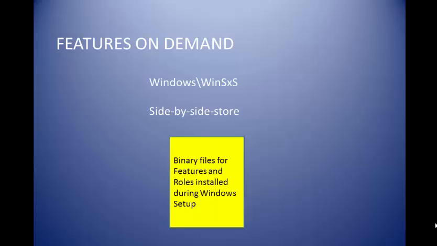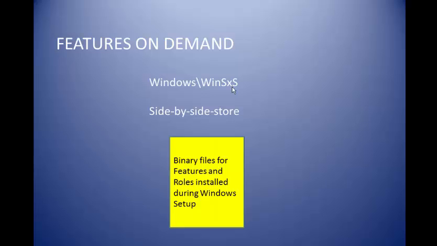In this lesson, we're going to be taking a look at features on demand. When the Windows Server setup files are being installed on your server, they're being installed in a directory called the side-by-side store. This directory is located in the Windows directory in the WINSXS folder.